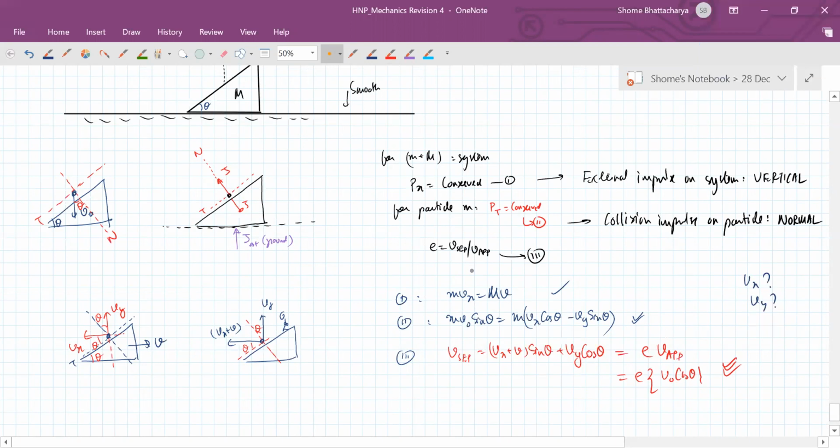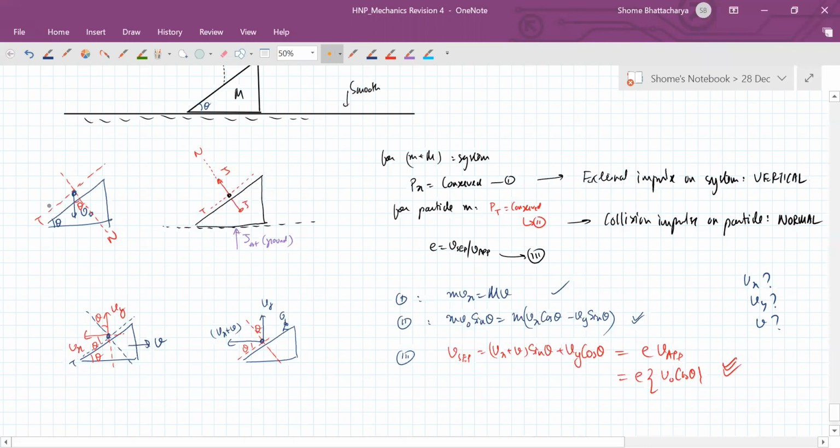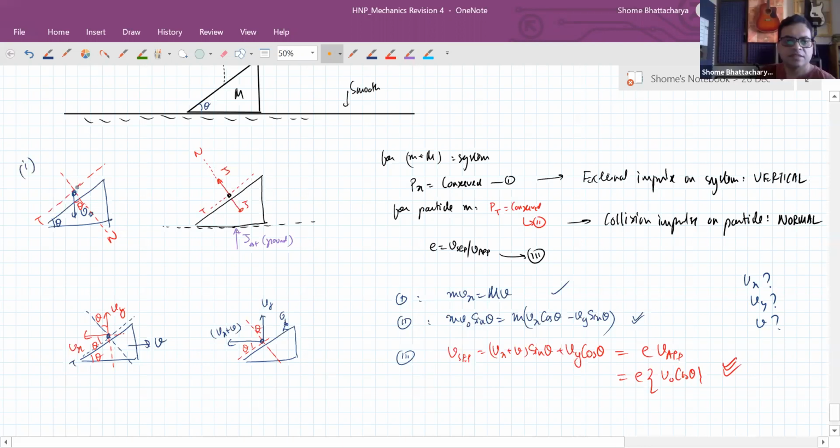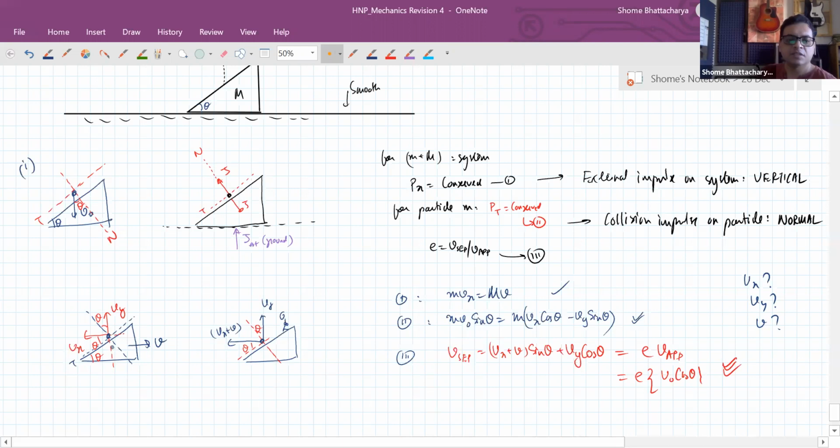So what do you do in the second equation? We have to conserve the momentum of the particle along the tangential axis. In the initial diagram, the tangential axis is this, so the component of momentum is mv naught sine theta. In the second diagram, it's a little complicated.